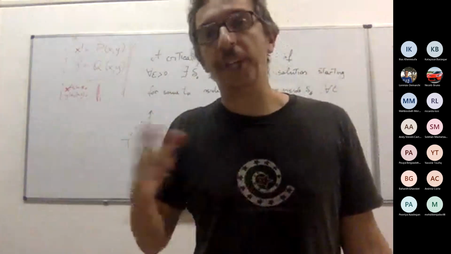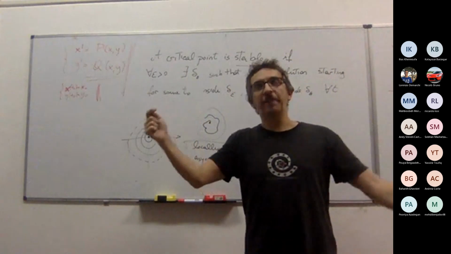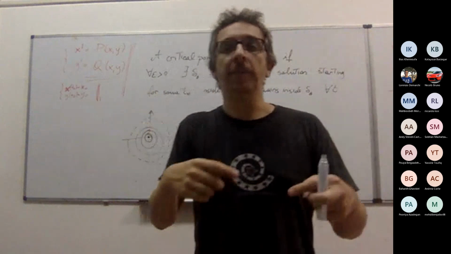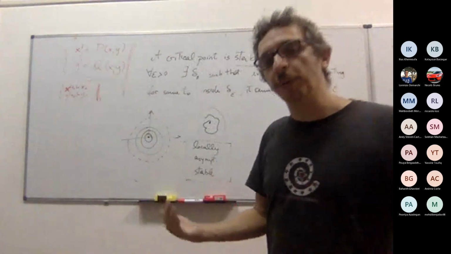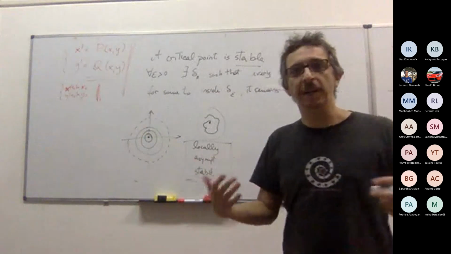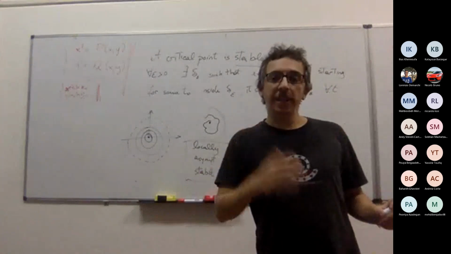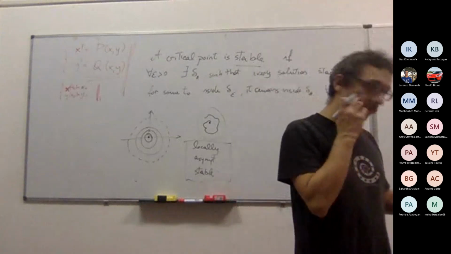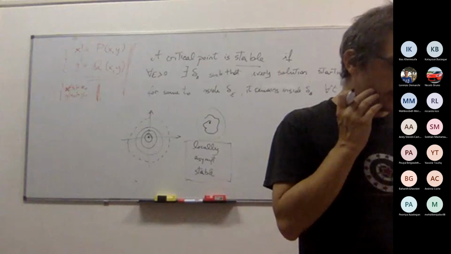Derivative less than zero means a stable equilibrium; derivative greater than zero means an unstable equilibrium. So I want to find similar ideas for saying that the critical point is stable or unstable, and that's what we are going to do for the next minutes and probably also a bit tomorrow.